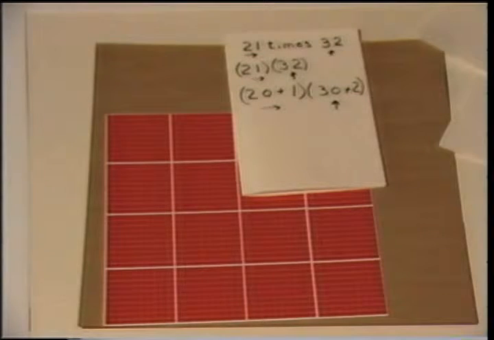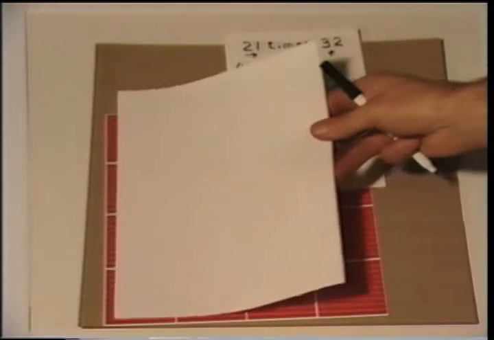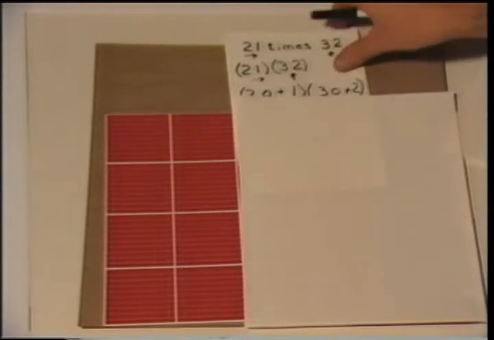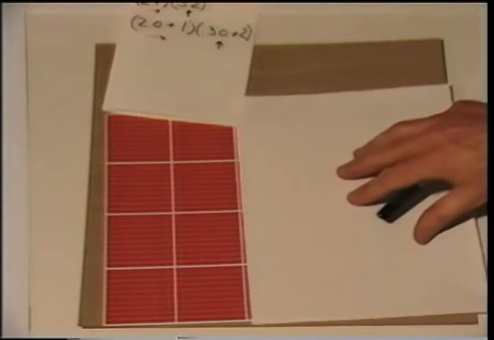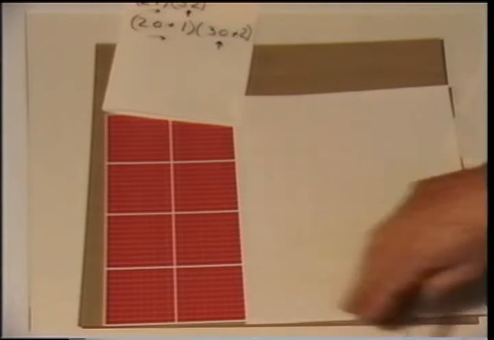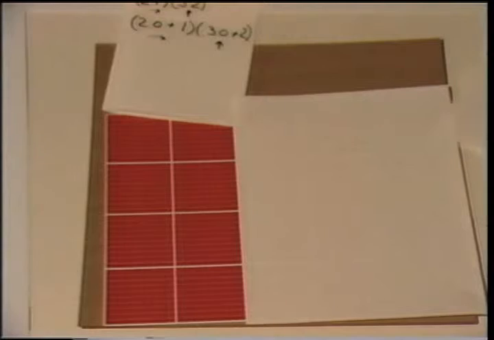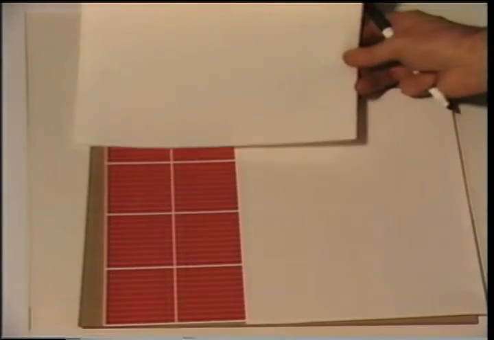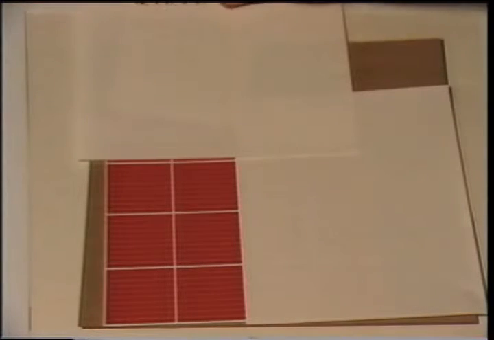Okay, we need to come over 20 plus 1. Then we need to come up 30 plus 2. Okay, let's come over 20. And before we come over the other 2, let's come up 30, or our 3 bars of 10.